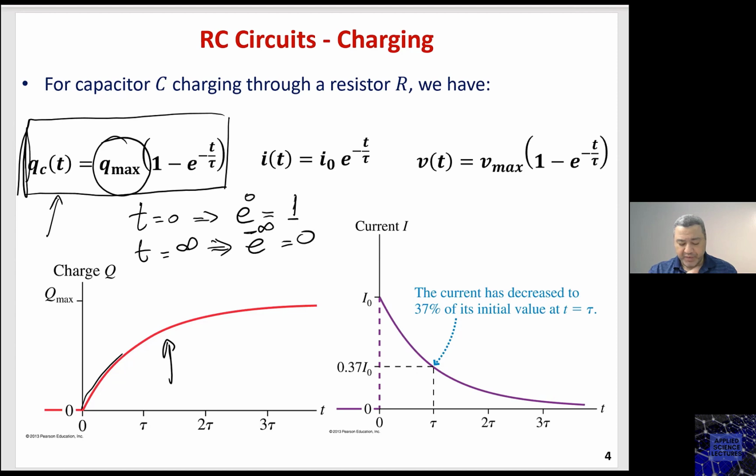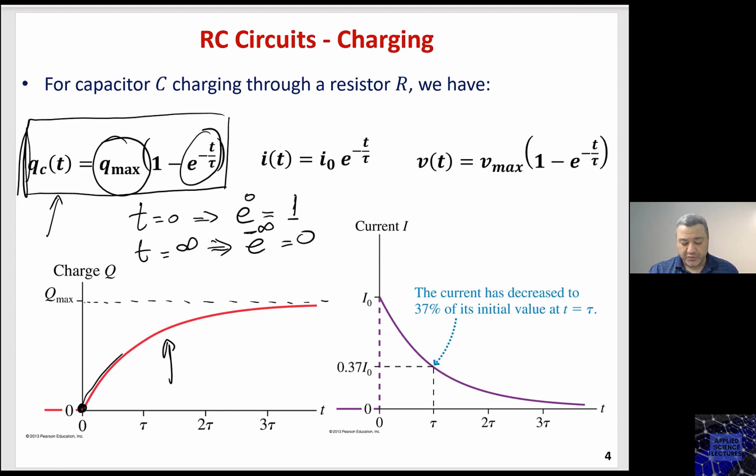So if I take t equals 0 here, then I get qc(0) equals 0, because this one becomes 1, and 1 minus 1 is 0. If I substitute e to the minus t over tau at t equals infinity, then I have e to the power minus infinity, which is 0, and the answer would be Qmax, which is this value. So this is the exponential function for the charge of the capacitor being charged.